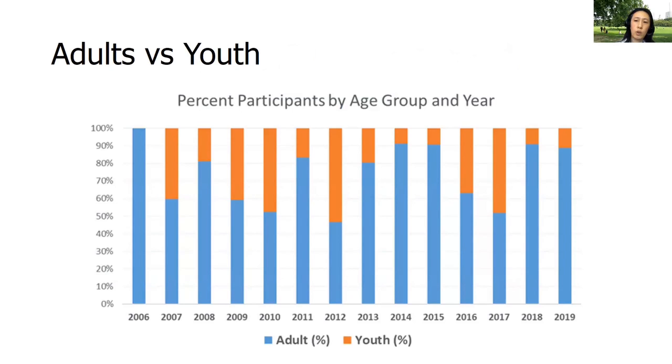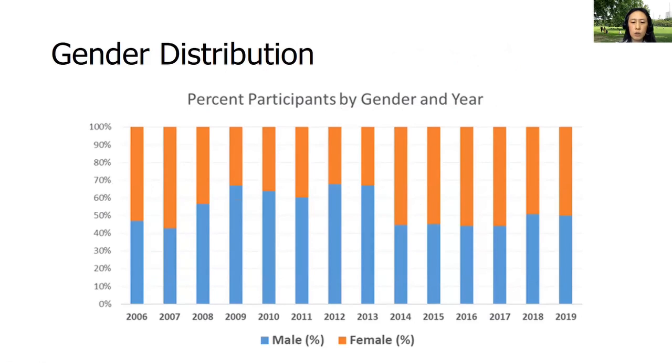Sometimes those were in partnership with our 4-H agents or other local partners and stakeholders in the communities. In terms of gender distribution, not too different between male, female, or those who identified as other identities, but sometimes it would relate to the type of programming that was offered in our communities.